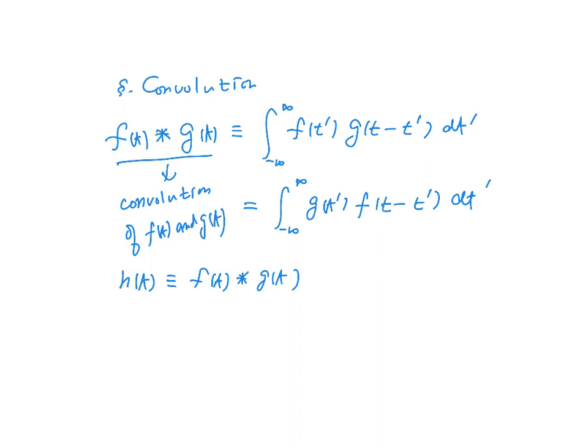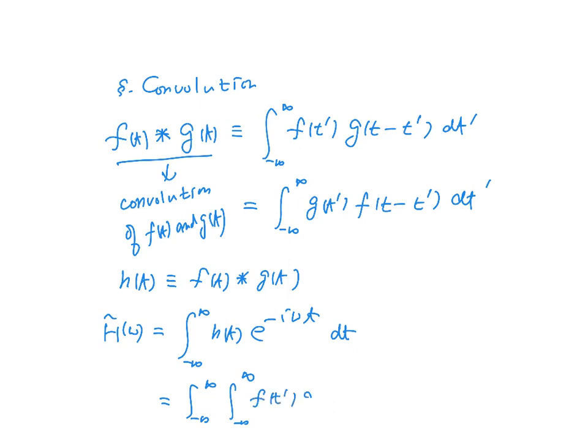Then we are interested in what is the Fourier transform of h(t). That is the integral of h(t) e^{-iωt} dt, which is the double integral of f(t') g(t - t') e^{-iωt} dt' dt.